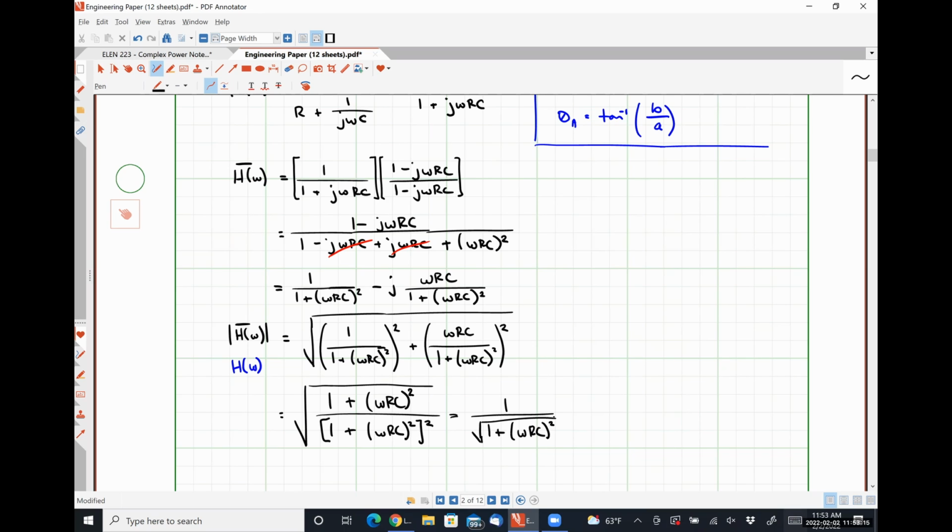This lets me plot what this filter circuit is doing as a function of omega, right? We can do a quick and dirty guesstimate as to how this behaves by looking at H when omega is equal to 0 and H when omega is equal to infinity, okay?